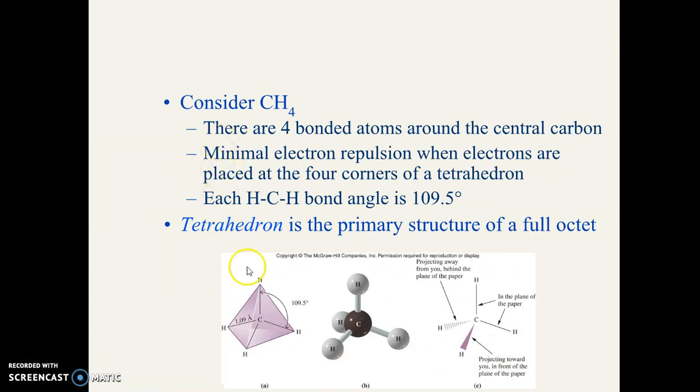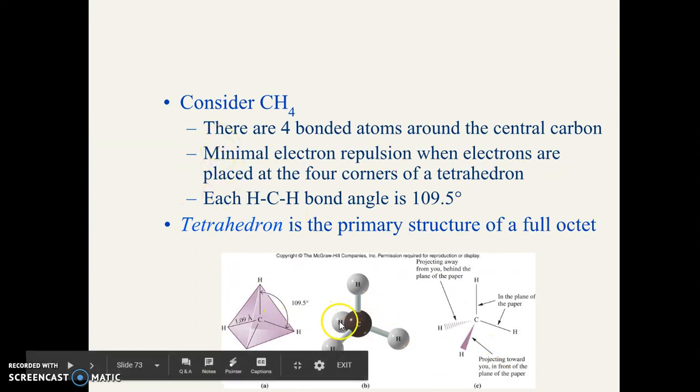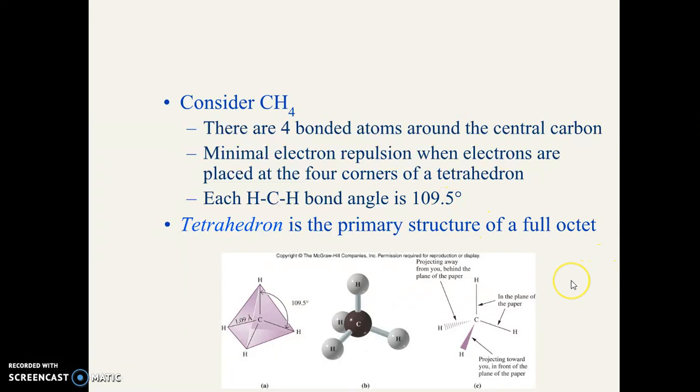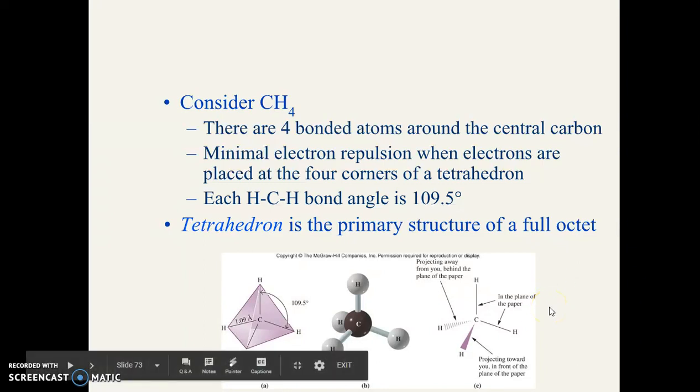So anytime you see an atom in the center and 4 things bonded to it, it's going to form a tetrahedron, and you're going to have a bond angle of 109.5 degrees. Now, there are some exceptions or extras when we think about tetrahedrons that prevent it from forming a full tetrahedron.